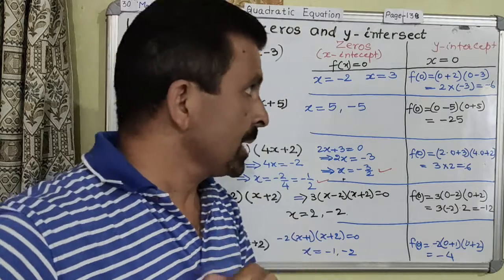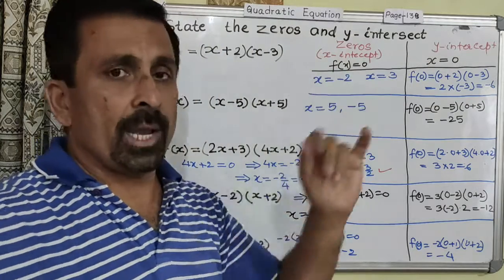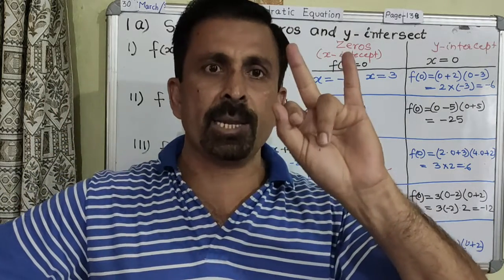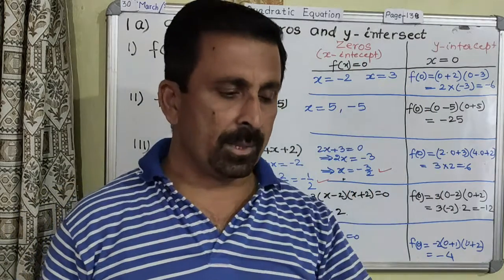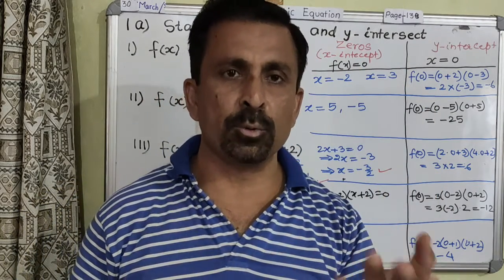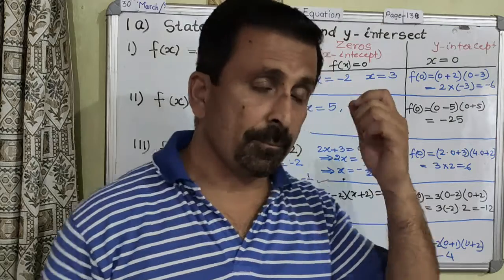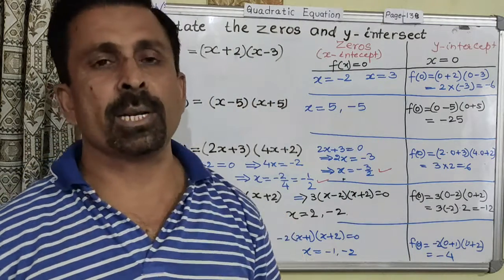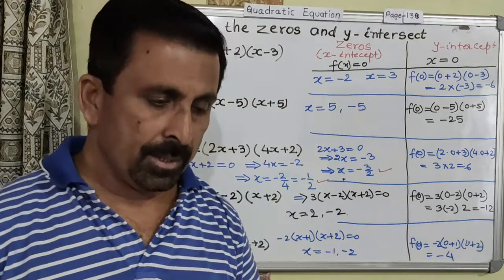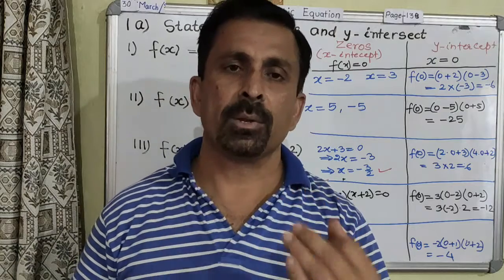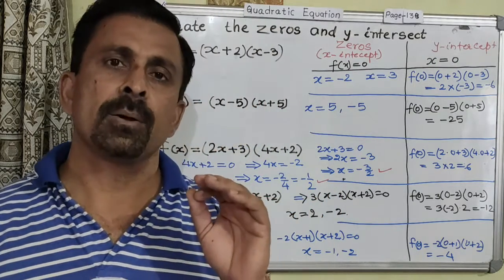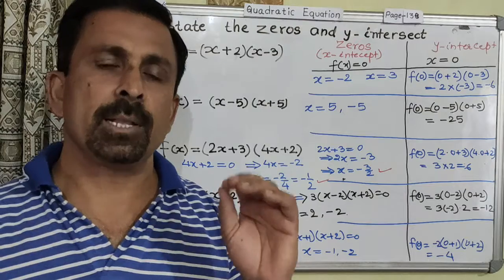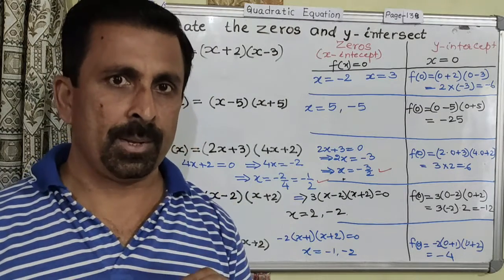Here we are done with step 1 and step 3. Step 2 was missing. Now in part B, they are asking us to find step 2, that is, to calculate the vertex for each of these quadratic equations in the factored form.